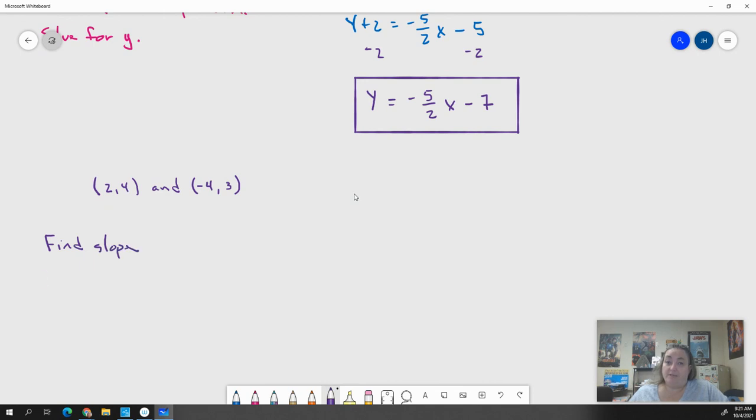And then you need to put it in point slope formula, which I will write here. Right? The y minus y1 equals m times x minus x1. And then you want to solve for y.